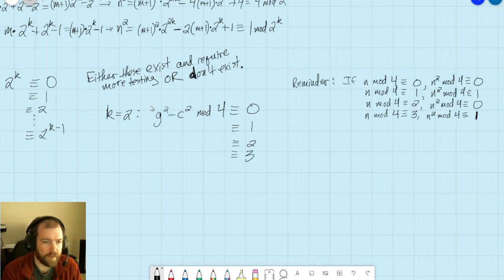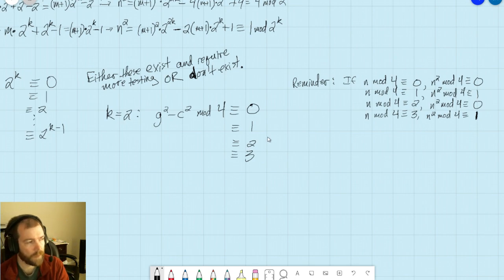So then we have a number of combinations that we can make with g squared and c squared. And as it turns out, g squared minus c squared mod 4, well, if they individually can only be 0 or 1 mod 4, then that limits our options here.